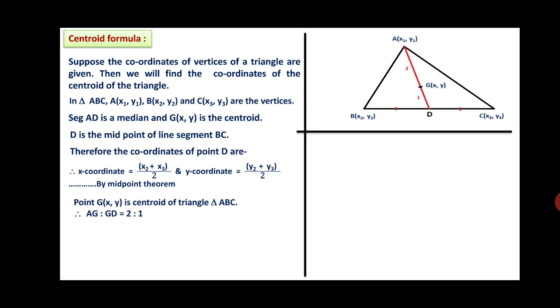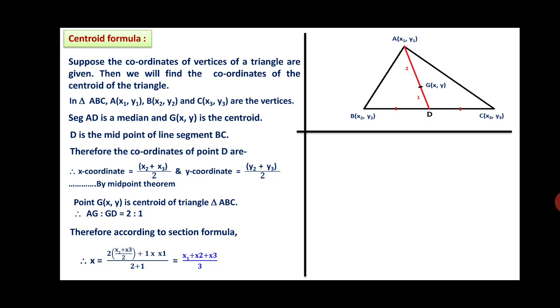Now point G(x, y) is the centroid of triangle ABC, and we know that the centroid divides the median in the ratio 2:1. Therefore AG to GD can be written as 2:1. Therefore, according to the section formula, the x coordinate of point G is equal to (2 times (x2 + x3) divided by 2, plus 1 times x1) divided by (2 + 1), which will be (x1 + x2 + x3) divided by 3.